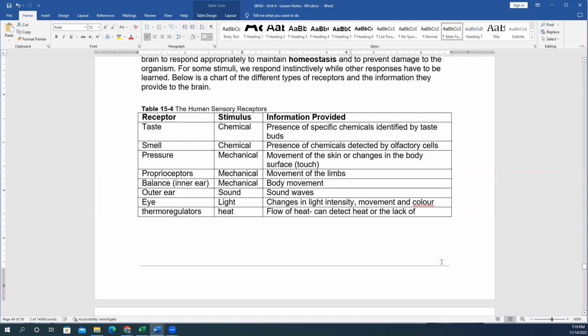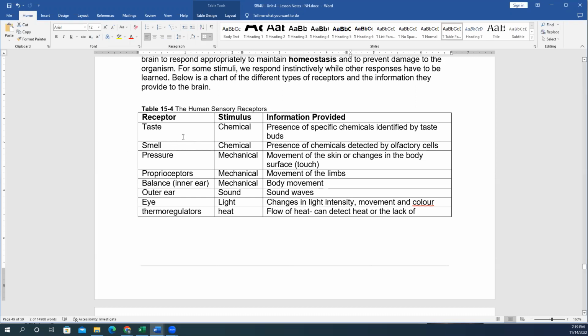So here in this chart, we can look at the different types of receptors and the type of information that they provide to the brain. For example, our taste receptors will respond to chemical stimuli, and the type of information is, for example, the presence of a specific chemical that will have a certain taste, for example, sweetness or sourness, and they will identify the presence of these specific chemicals by our taste buds and provide that information to the brain.